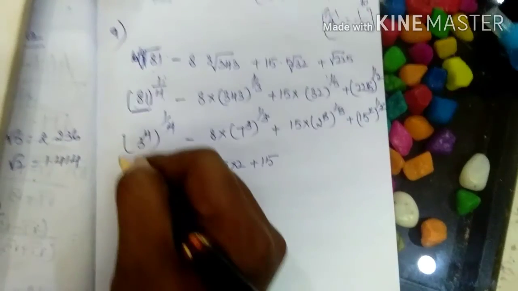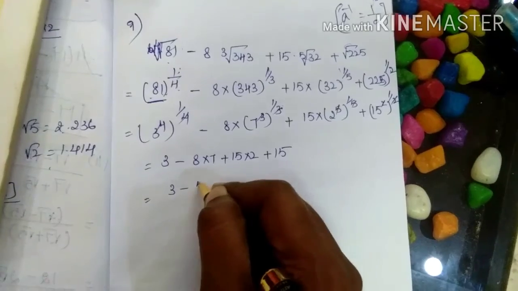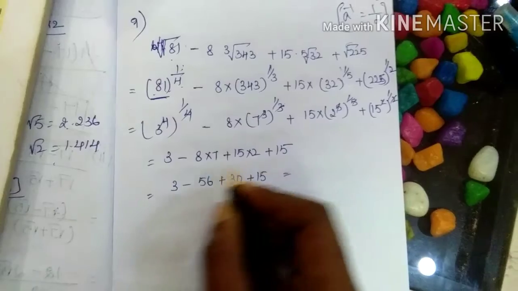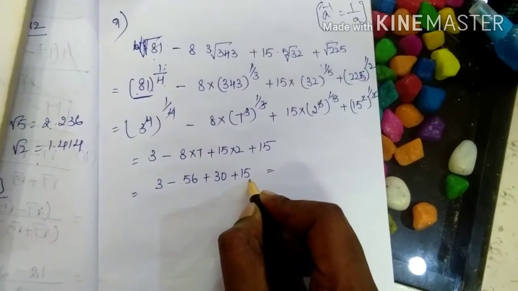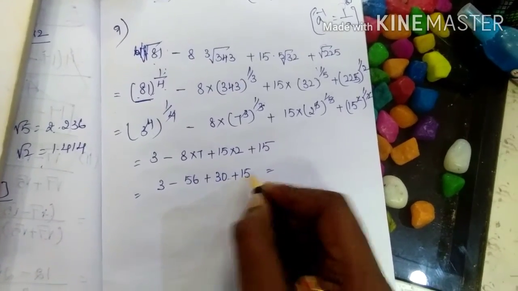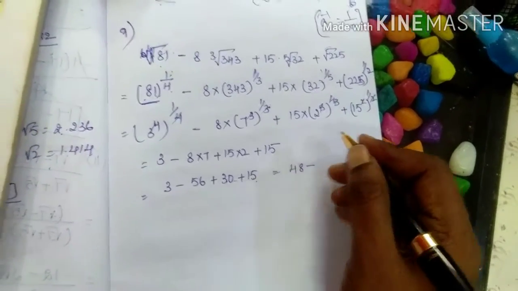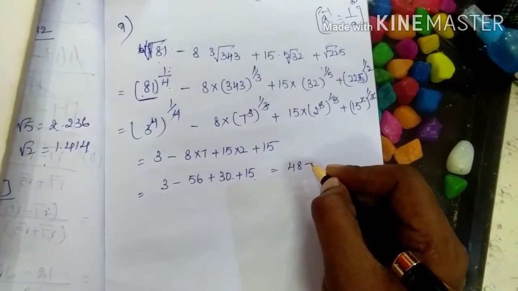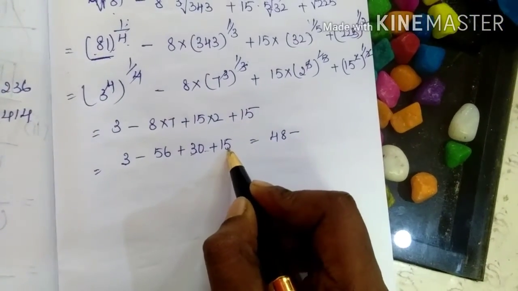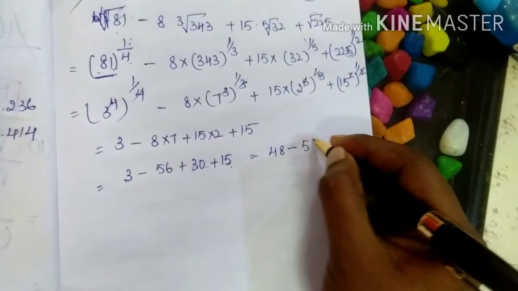By this step, 3 minus 8 sevens are 56 plus 30 plus 15. Just simplify: 30 plus 15 is 45, 45 plus 3 is your 48, minus 56.